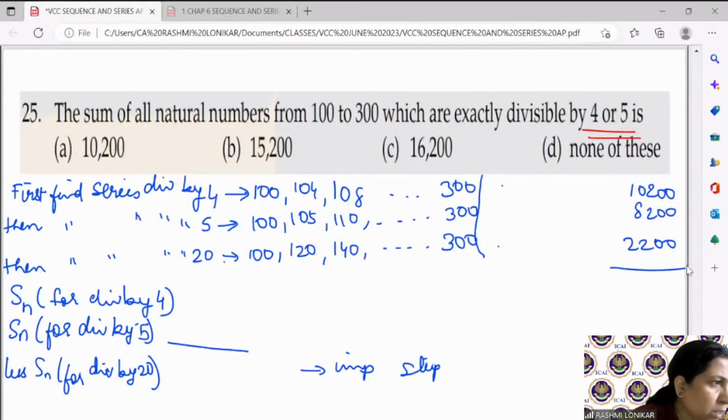That is the 25th sum, right? C is the correct answer.